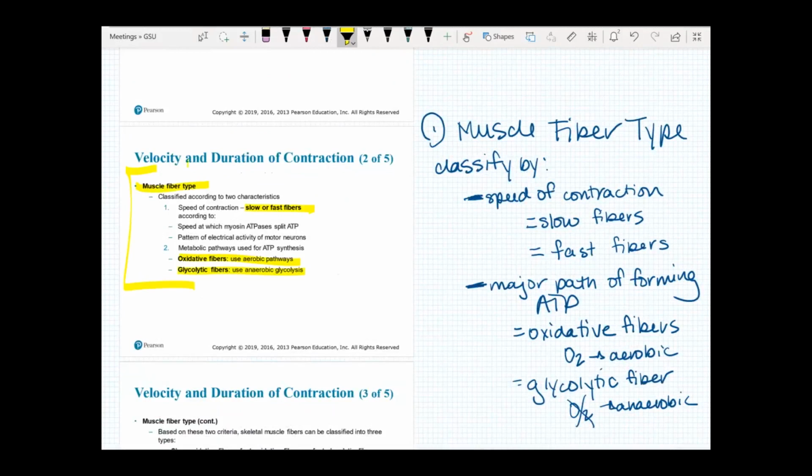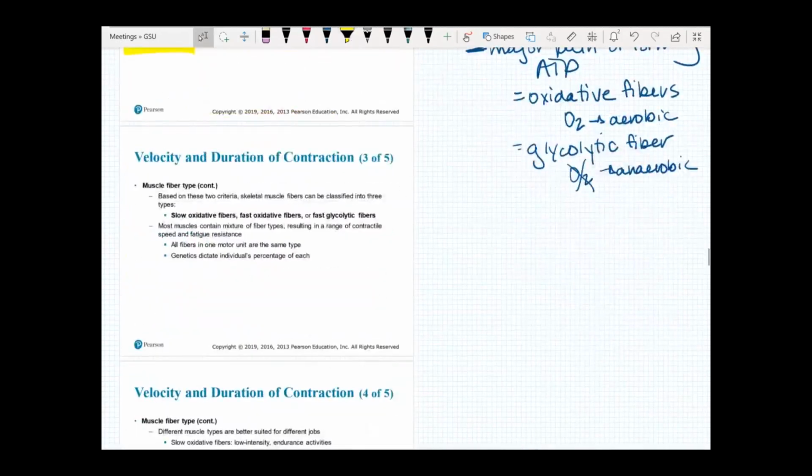So with our muscle fiber types and these two criteria, it is classified into three different categories. And you'll notice here's our velocity, slow, fast, fast. Here's our ATP creation. So these are the three we're going to have. All of your muscle fibers are split into these three categories.